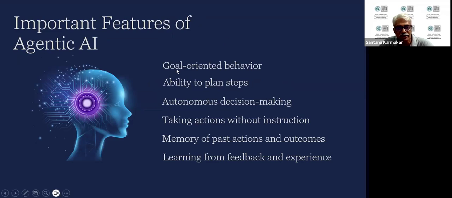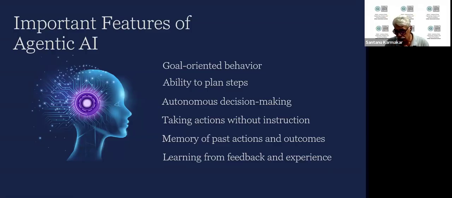Important features of agentic AI are goal-oriented behavior, ability to plan steps, autonomous decision making, and taking actions without instructions. This is important. It can take actions even without instruction. That means it doesn't require to be programmed, because the LLM is acting as a brain, so it decides what to do, and it does. Memory of past actions and outcomes is stored in the system, and it can learn from feedback and experience.